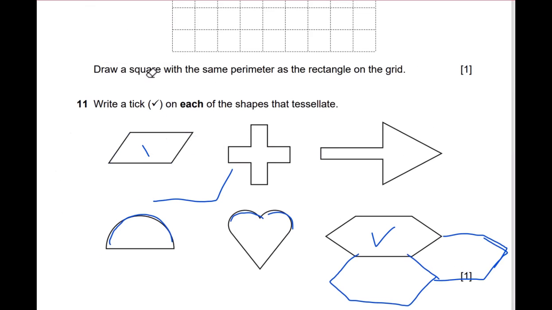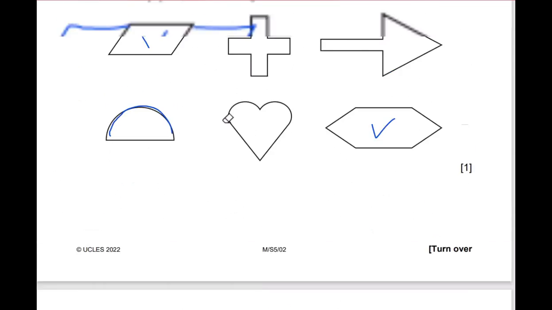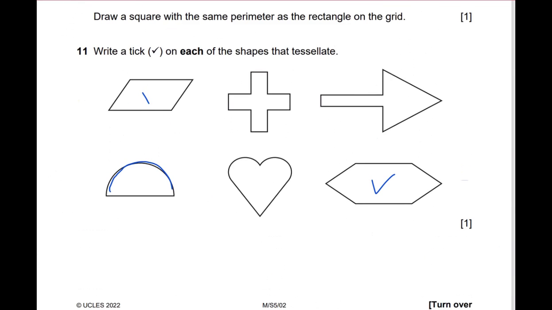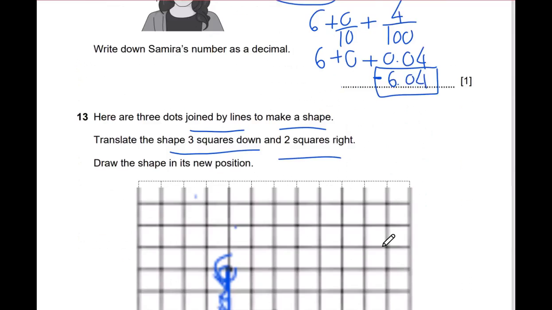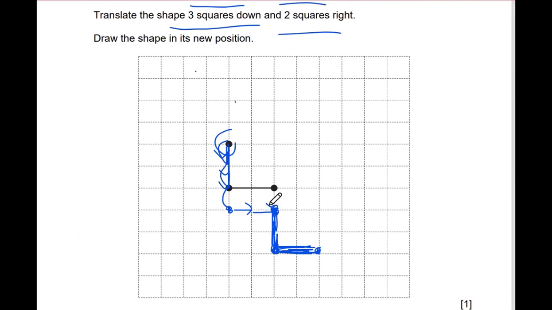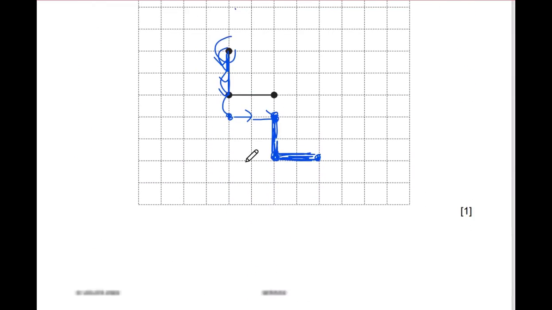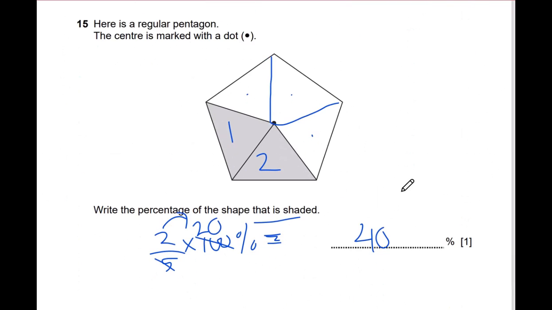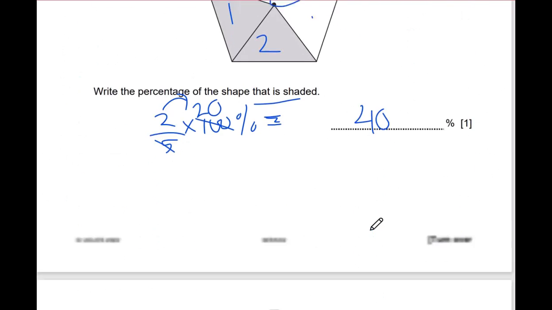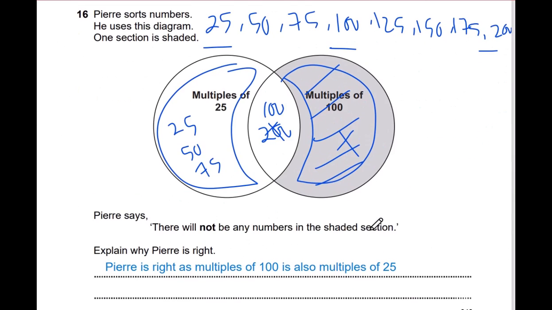So these are the original question. Okay, now 12, 11, this is the answer. 12 is negative 6.04, 13 is the answer here. 14 is a 3 cross, 15 is 40%.